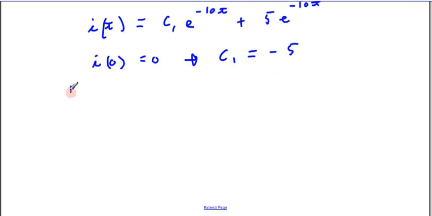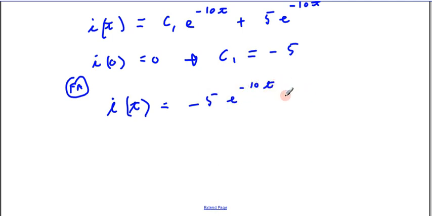All right, so final answer for my current, I of t is equal to minus 5 e to the minus 10t plus 5 e to the minus 10t. And guess what that is? That is 0. So there is no current. The max current is 0.